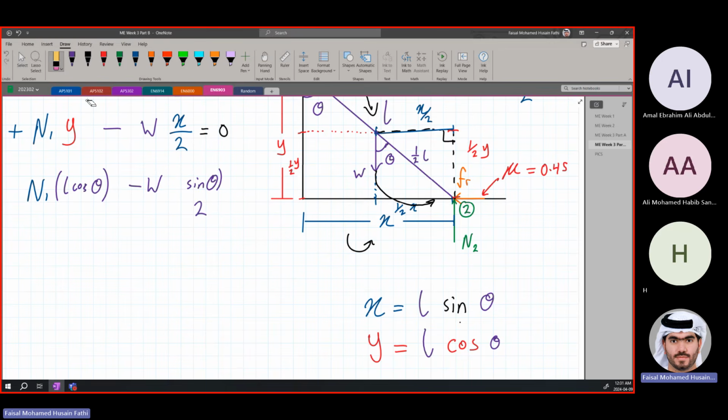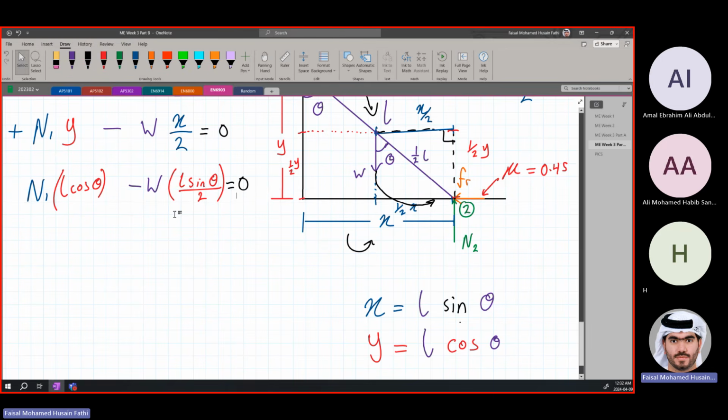Okay, actually let me make them in the same colors so you guys know what I'm substituting. So this is going to be L cosine theta. And then what I'm substituting here, and here I am substituting L sine theta over 2. All right? And this is all going to be equal to 0.